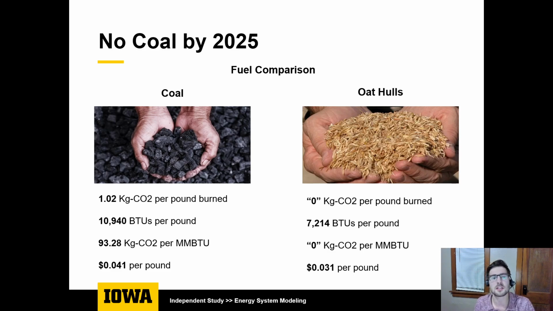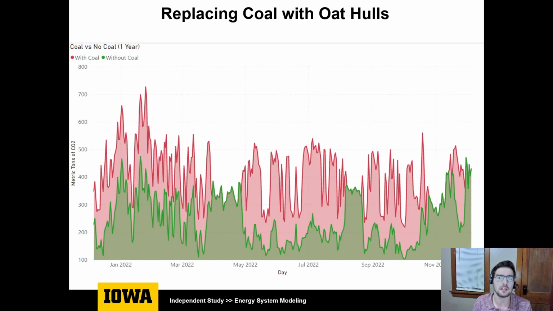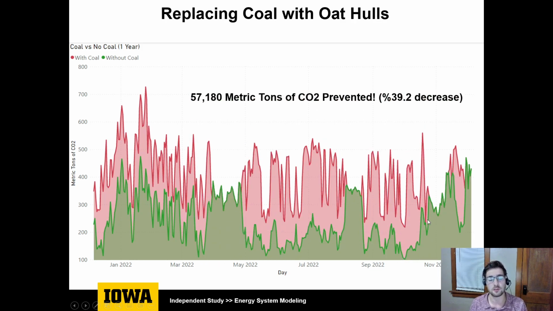And if we run this experiment, replacing coal with these oat hulls, obviously the savings is going to be tremendous because of that big zero for carbon emissions. So savings is tremendous, of course, except when we're not burning coal at these points in the curve. But otherwise, if you add it all up, it's 57,000 metric tons of CO2 prevented. A huge impact there.